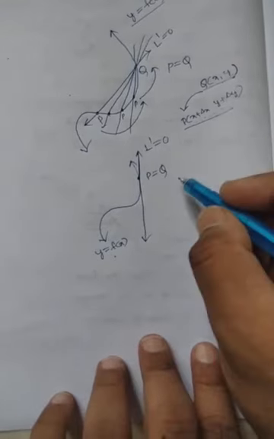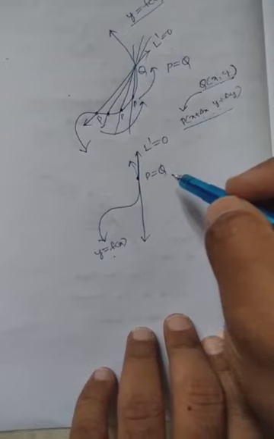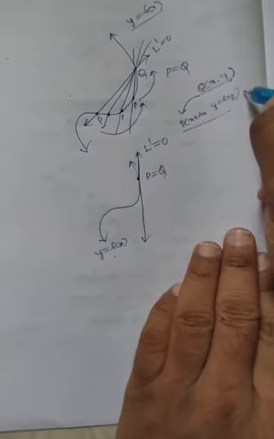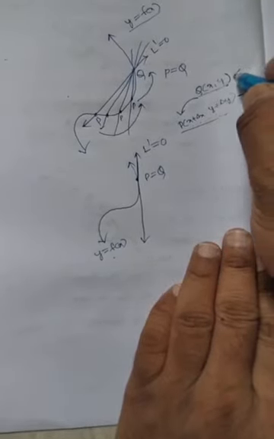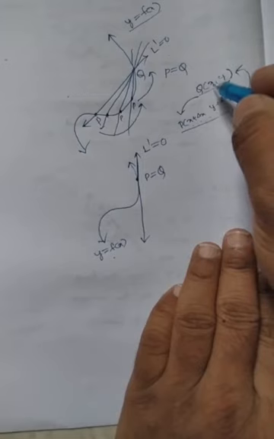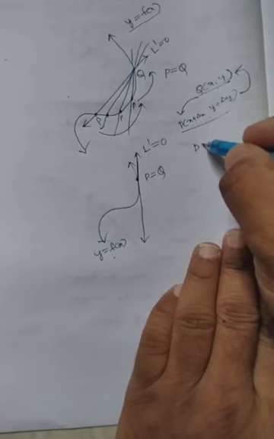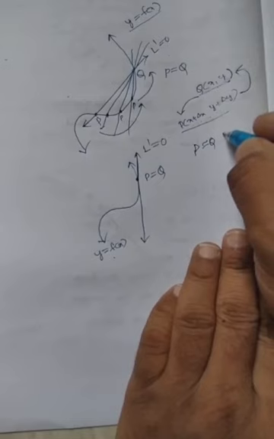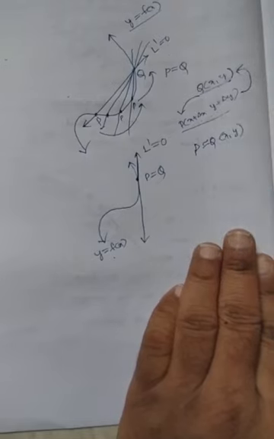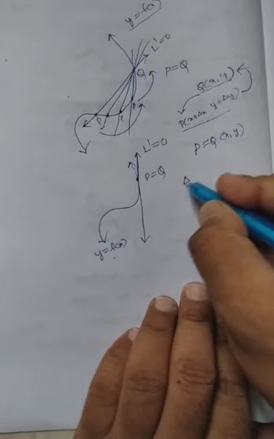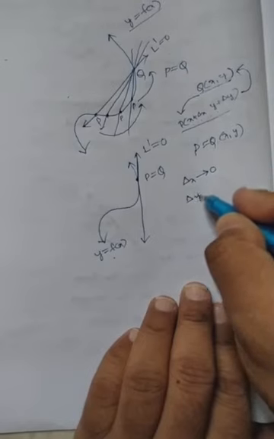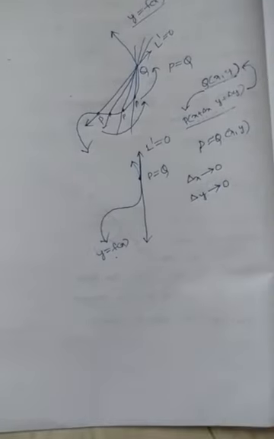Now P exactly approaches Q, which means P also reaches the point Q. The coordinates of P as well as Q are the same, x comma y. Then delta x tends to 0, and corresponding to that, delta y also tends to 0.